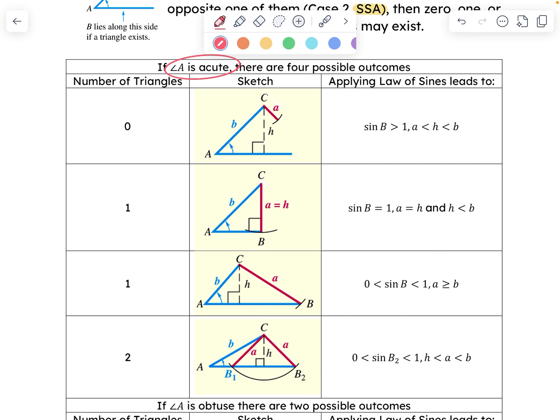What you're going to start by looking at is your two side lengths that you're given. So you've got angle A. Over here, you can look and see if A is less than B. Here, A is also less than B. And here, A is also less than B. This is our different one where A is greater than B. So this is the special case where A is greater than B. If that side A that matches with angle A is greater than the side B, then you're automatically going to have one triangle.